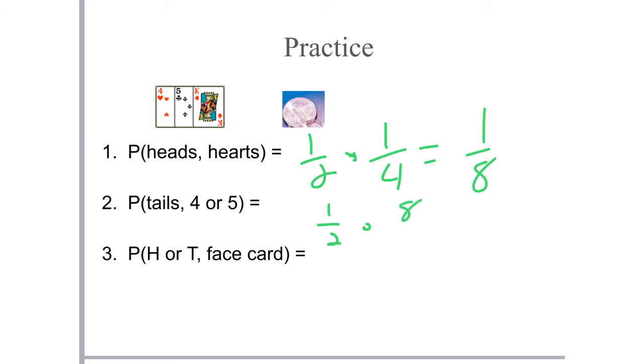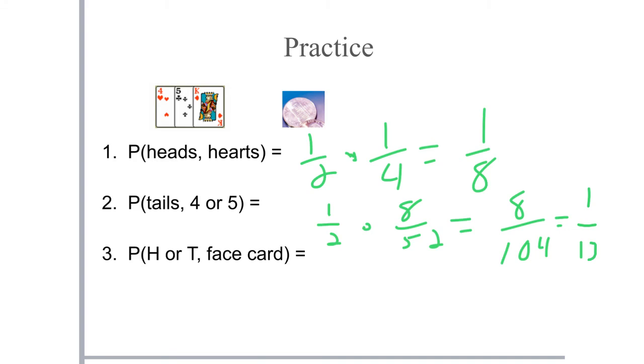So getting either of them would be 8 out of 52 because we're going to add those together. And that would give us the probability of 8 out of 104, which reduces down to 1 out of 13.